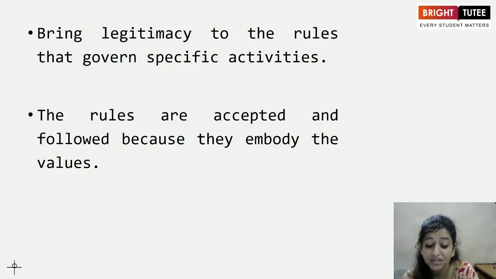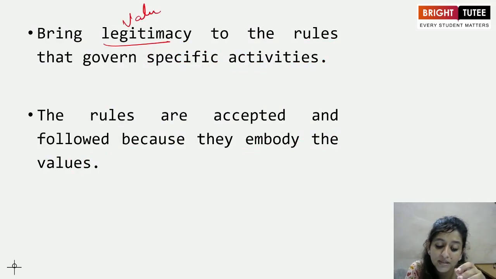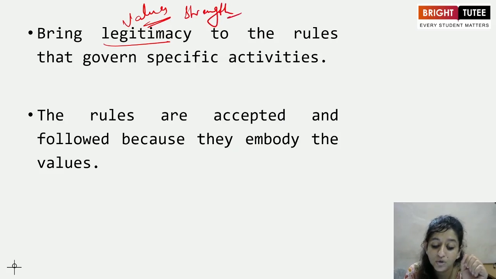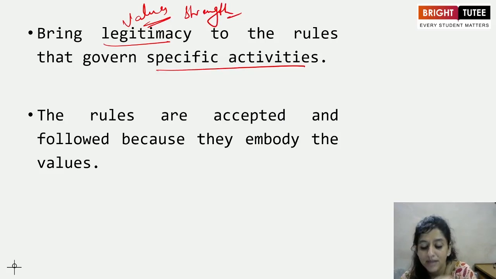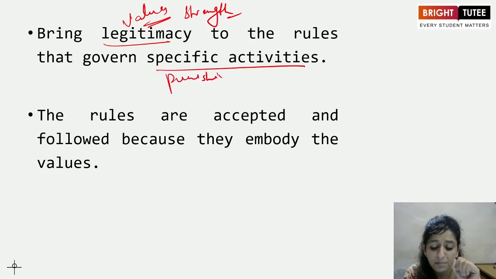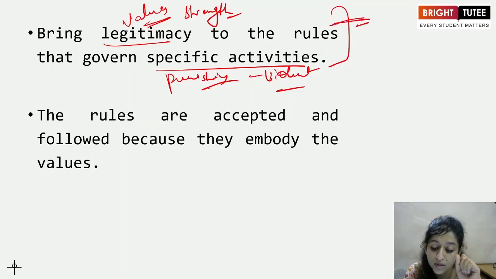Also, it brings legitimacy to the rules that govern specific activities. It brings a kind of strength to the groups, to the rules that govern the specific activities. For example, punishing someone for lying, or for being violent. In school you have set rules that you cannot get involved in violence.